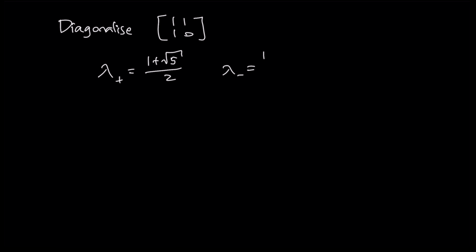To diagonalize 1, 1, 1, 0, we want to find its eigenvalues and eigenvectors. I will leave it to you to determine that the eigenvalues we get are 1 plus the square root of 5 over 2 and 1 minus the square root of 5 over 2.